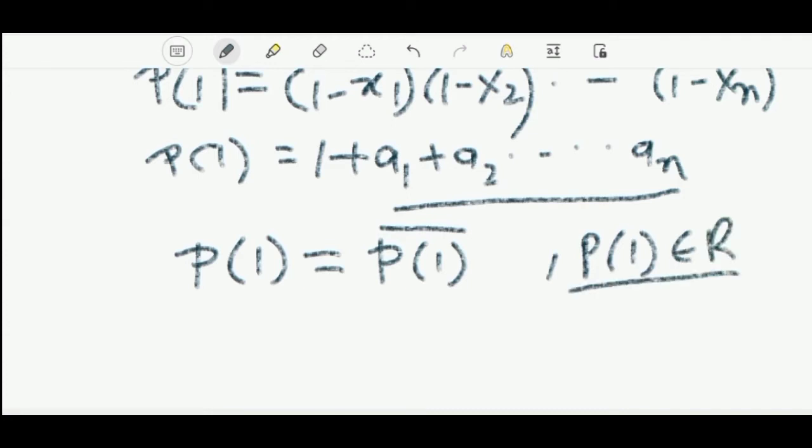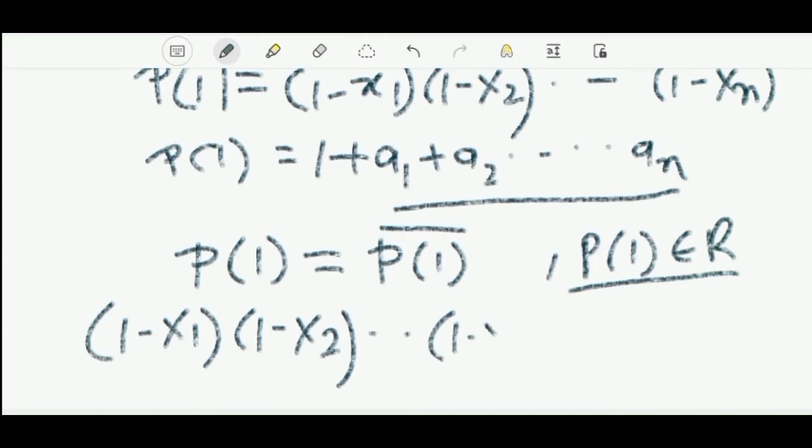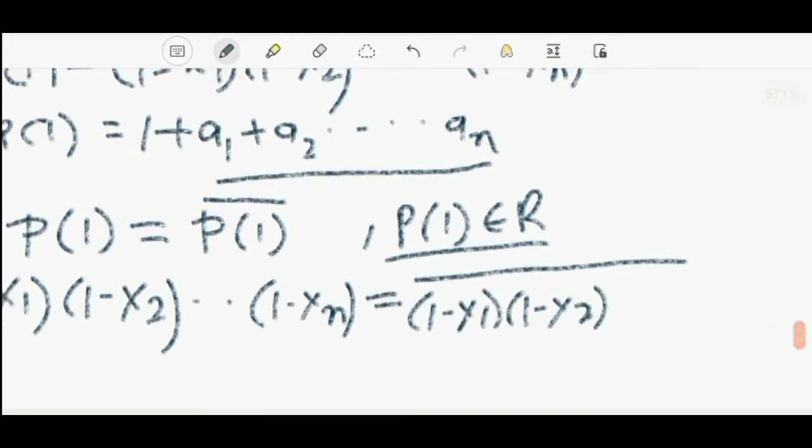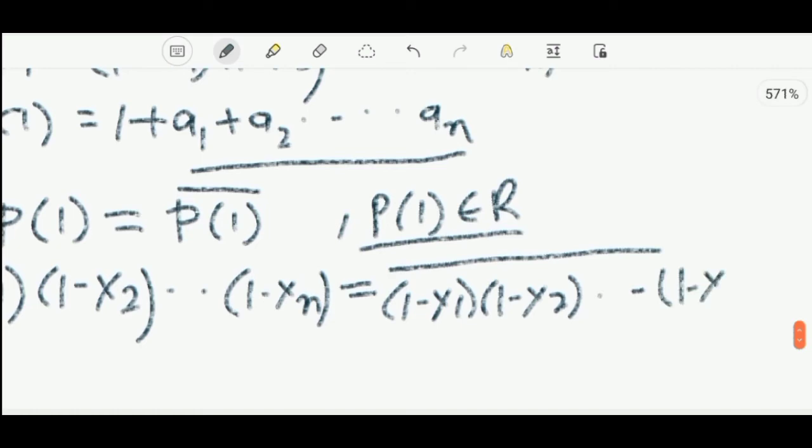So we can simply write it as 1 minus x1, 1 minus x2 up to 1 minus xn is equal to the conjugate of 1 minus x1, 1 minus x2 up to 1 minus xn.